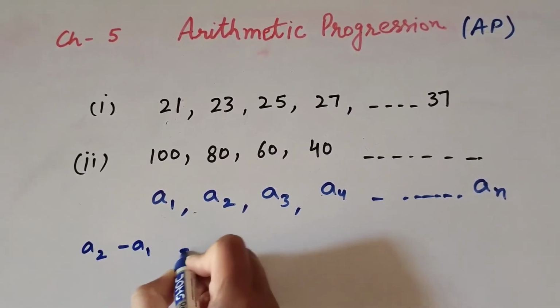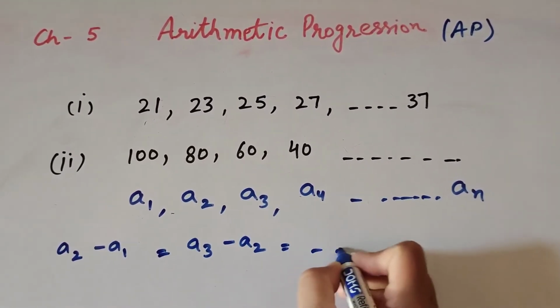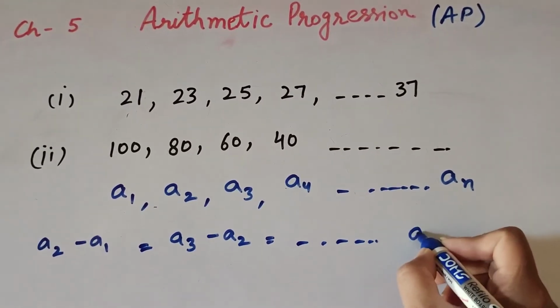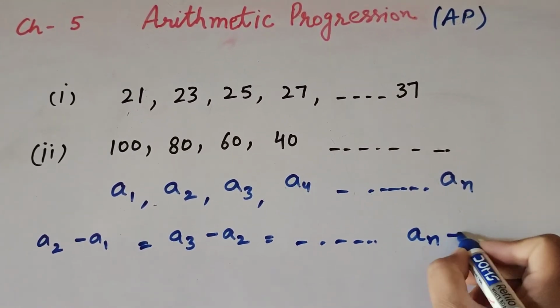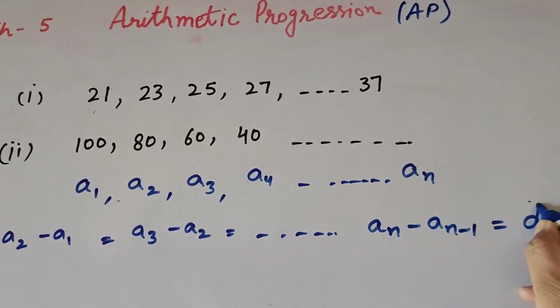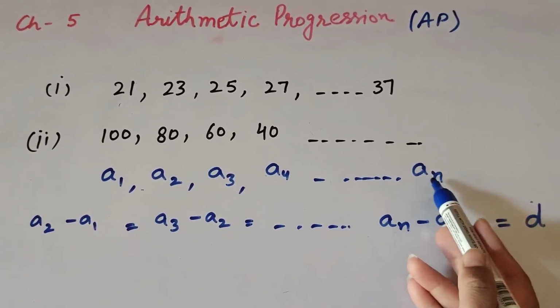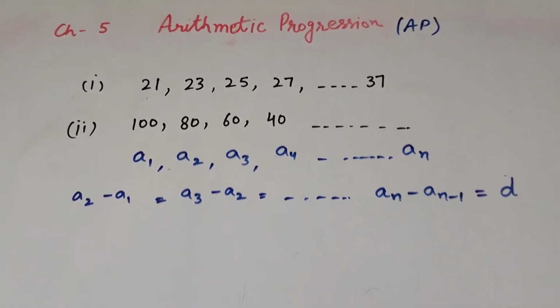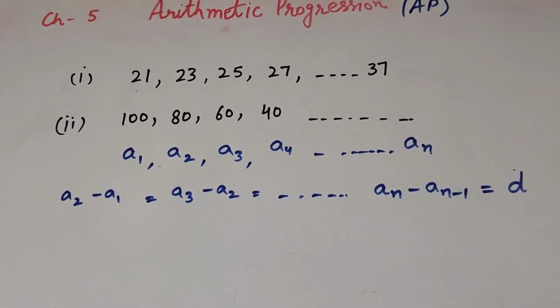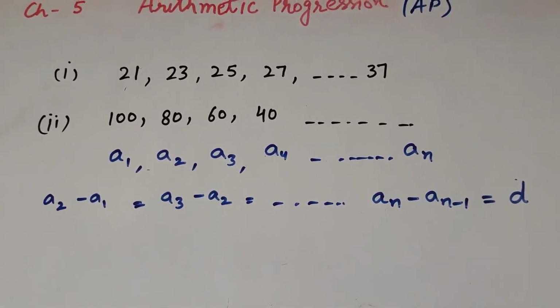A2 minus A1 is equal to A3 minus A2, and so on. It is equal to AN minus AN minus 1 equal to D. D is the difference. In this, AN minus 1 is the term before the nth term. In any one AP series, their difference is common.